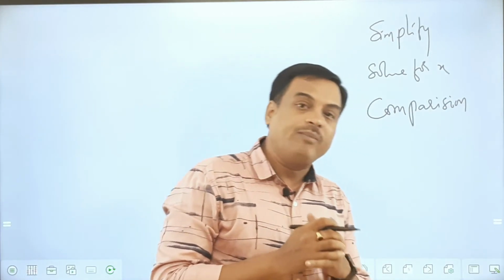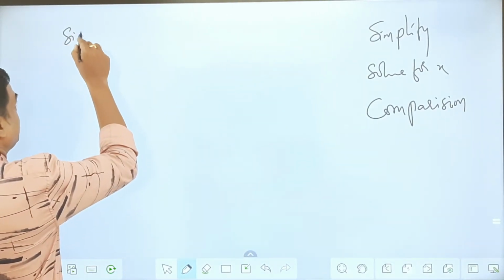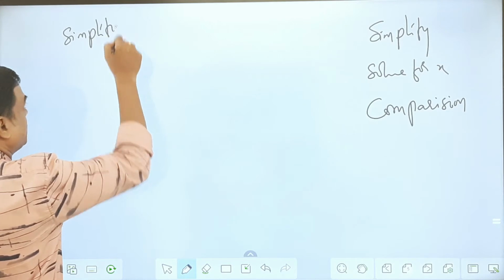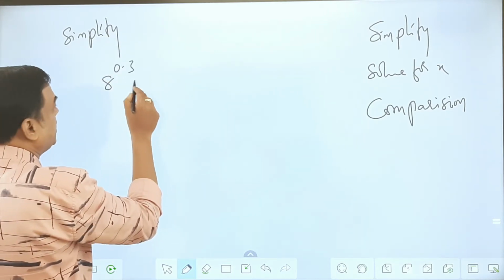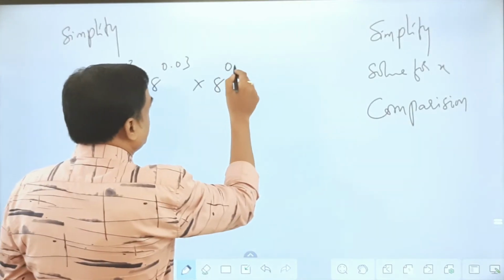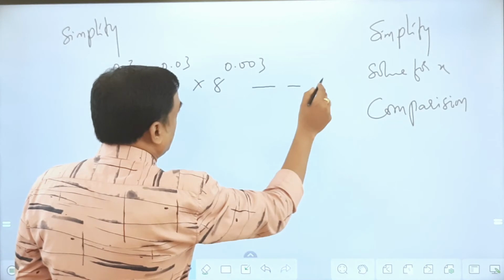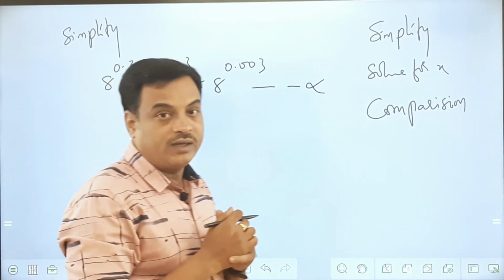Okay, so let's see some examples on simplification. So simplify is the question. You'll find the question starting with simplify here. And let me give an example. 8 to the power of 0.3 into 8 to the power of 0.03 into 8 to the power of 0.003, and so on up to infinity. Then what will be the value of it?